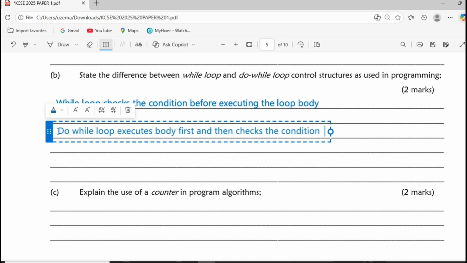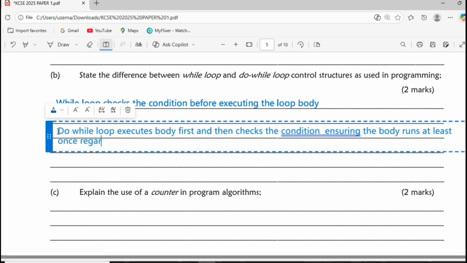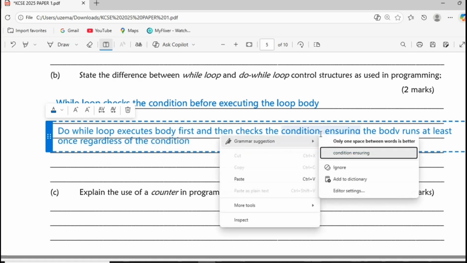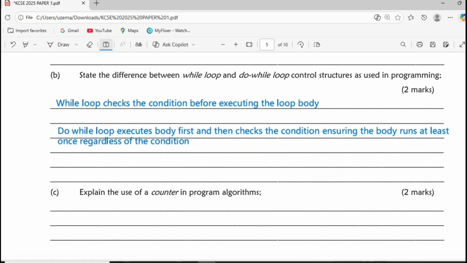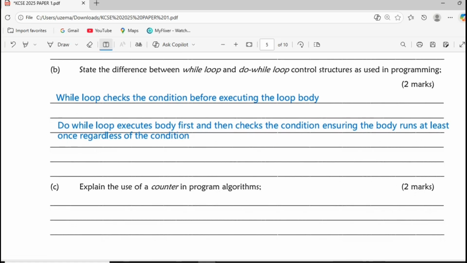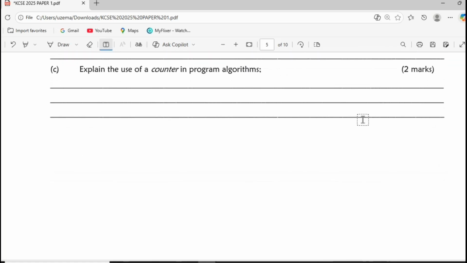So the difference is that while has to check the condition before executing the program statements, whereas do first executes the program statements before it checks the condition.